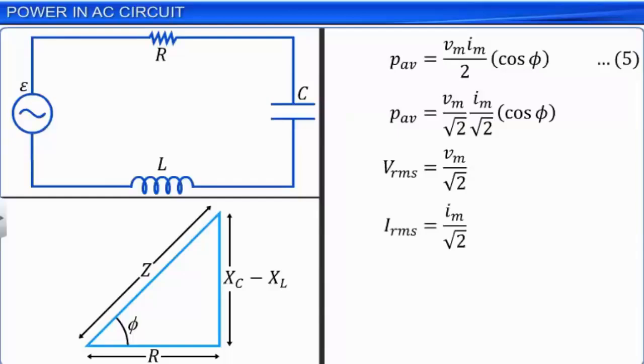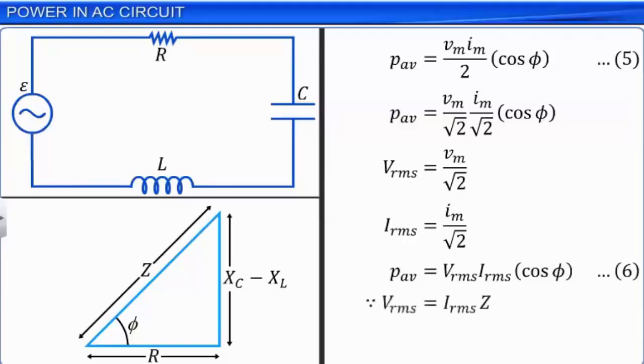Let this be equation 6. Since Vrms is equal to Irms into Z, we can write average power PAV is equal to Irms square into Z cos phi. This shows that the power dissipation is dependent not only on the voltage and current in the circuit, but also on the cos of the phase angle phi between them. The term cos phi is called the power factor for the system.